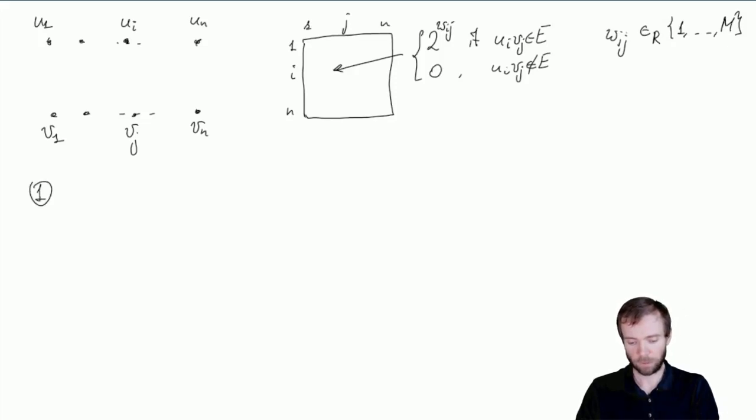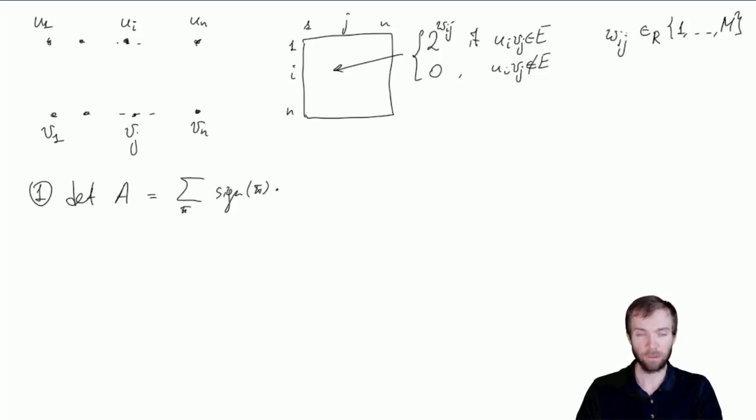And now let's first compute the determinant of this matrix, which we'll denote by A. This determinant is equal to the sum of the signs of permutation over all permutations multiplied by the product of the elements on the transversal. But whenever we have a non-zero term here in the sum, this term would be equal to a product of powers of 2, like this.